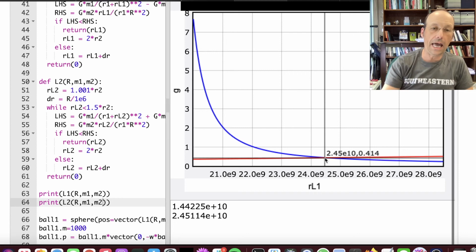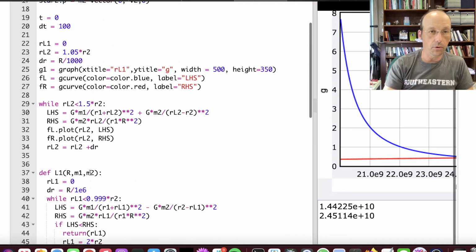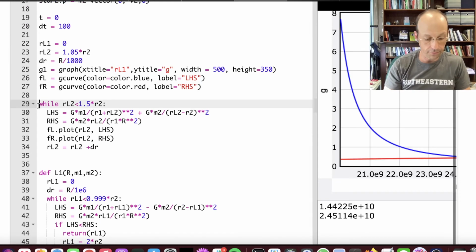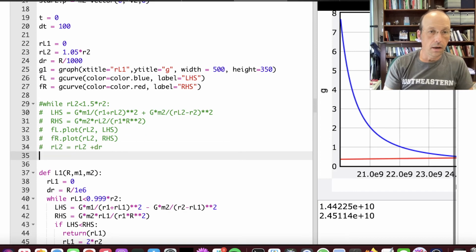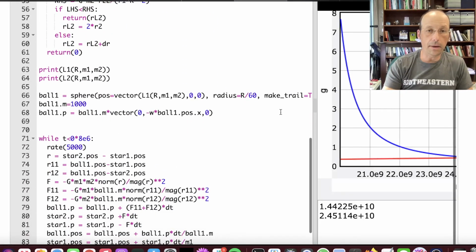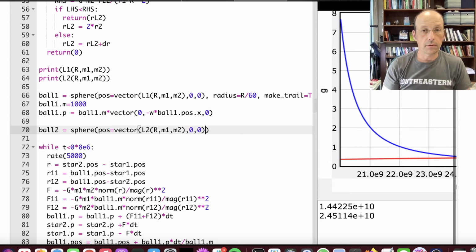Okay, so now we can go ahead and add in our other mass. I don't need to plot that stuff anymore. So let's just take all this stuff off. Go down here. I'm going to make another ball. It's going to be ball 2, right? Because it's at Lagrange point 2. Ball 2 equals sphere. Oops, got to spell that right. The home row, home keys. Sphere, pos equals vector L2 R M1 M2, 0, 0.